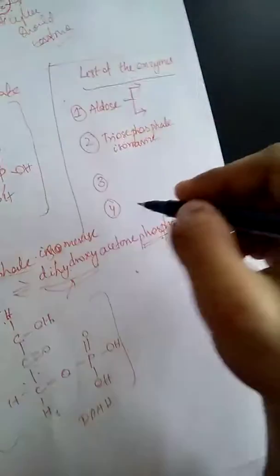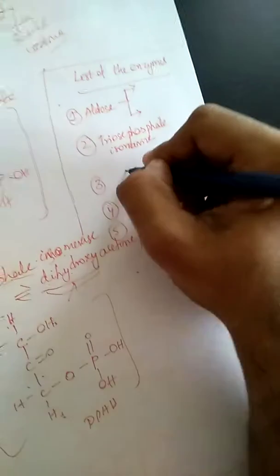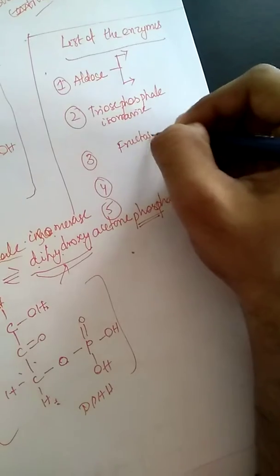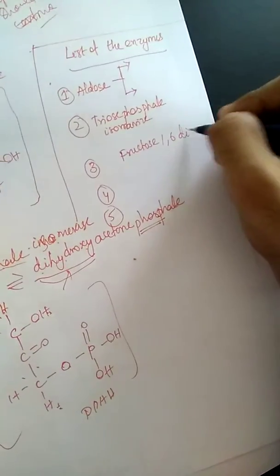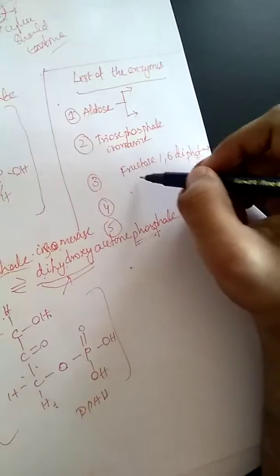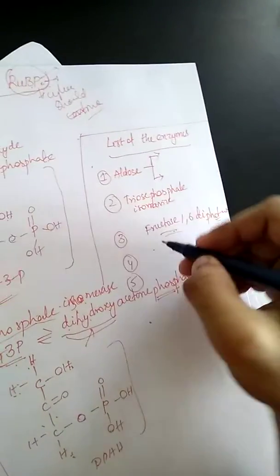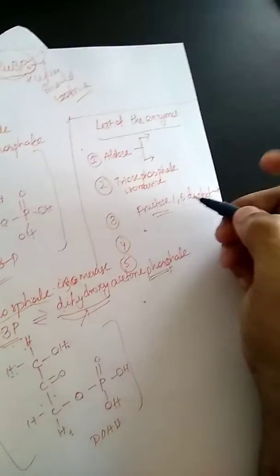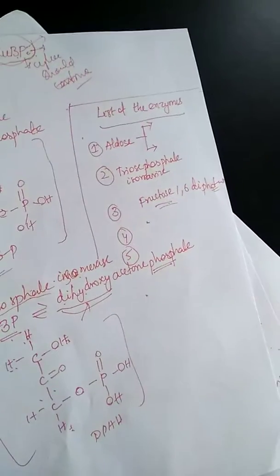The next enzyme we used was fructose 1,6-bisphosphatase. Remember how we used this enzyme? We converted it into fructose 6-phosphate, from G3P and DHAP.